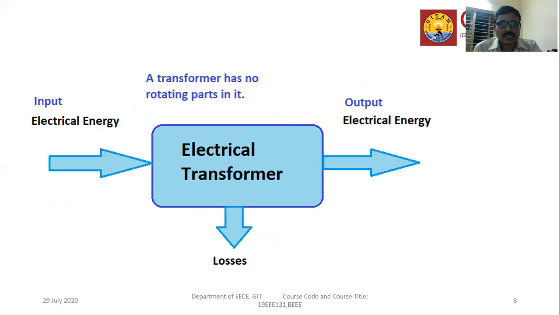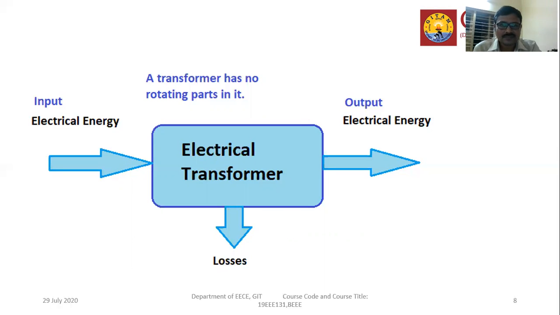Next, this slide shows the non-rotating, stationary electrical machine. Under that category, only the transformer is there. The transformer has no rotating part, and another difference from rotating machines is that both its input and output are electrical energy.